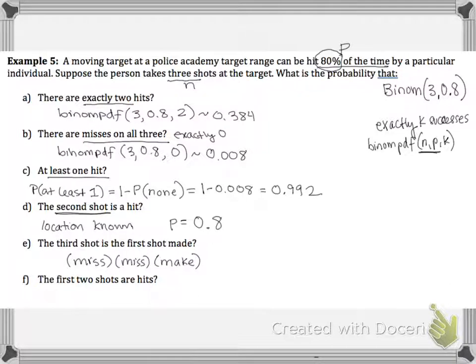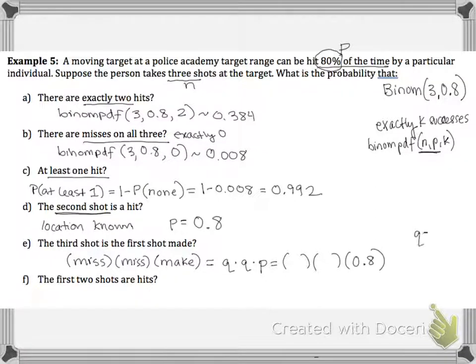So if we're thinking in terms of what we learned in our notes, P is the probability I make it, and Q is the probability I don't make it. So what this is is Q times Q times P. And I'm going to fill in the P first because we know that it's an 80% chance that we do make it.